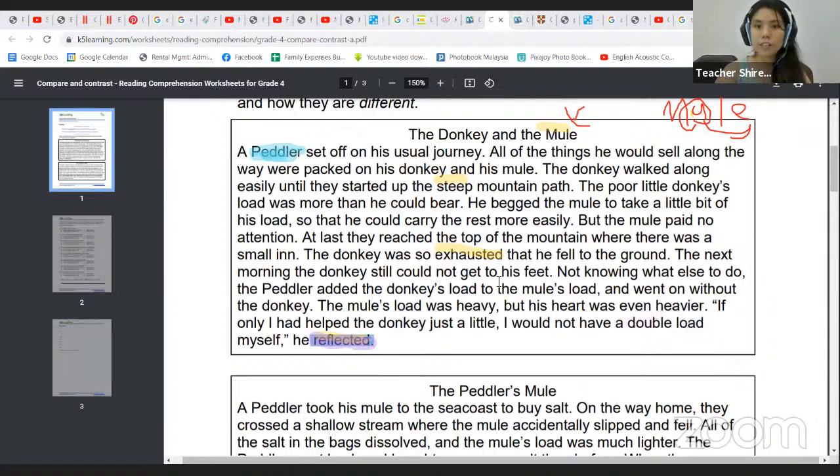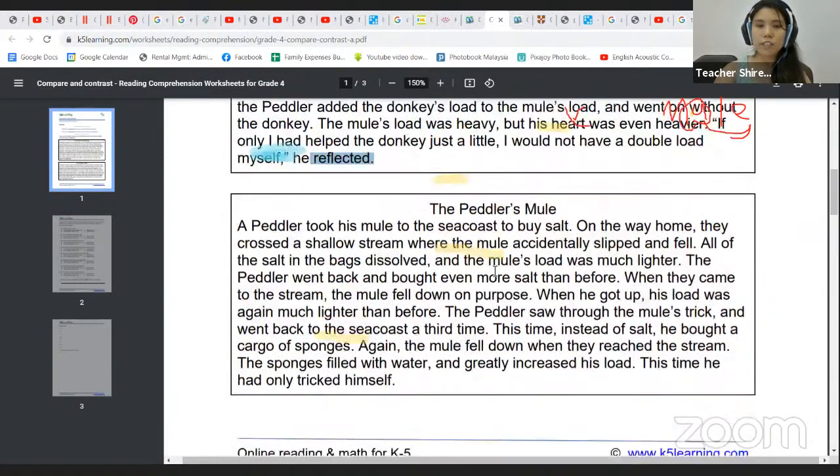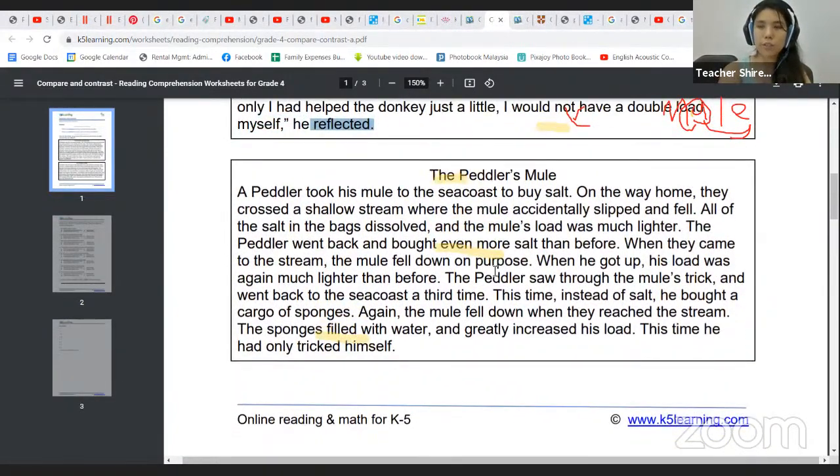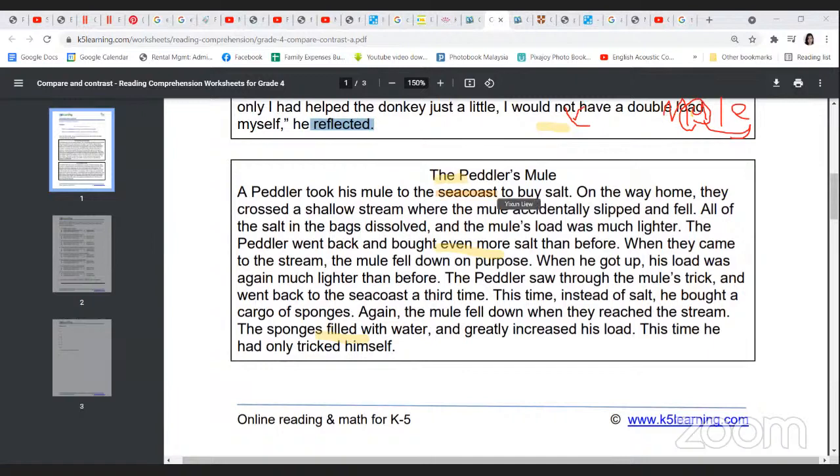Okay. Next. Charles, can you read The Peddler's Mule? The peddler took his mule to the sea coast to buy salt. On the way home, they crossed a shallow stream where the mule accidentally slipped and fell.